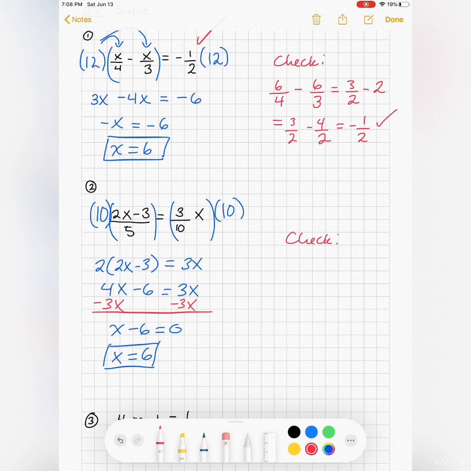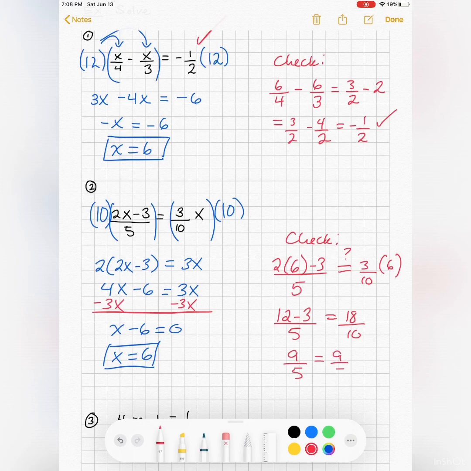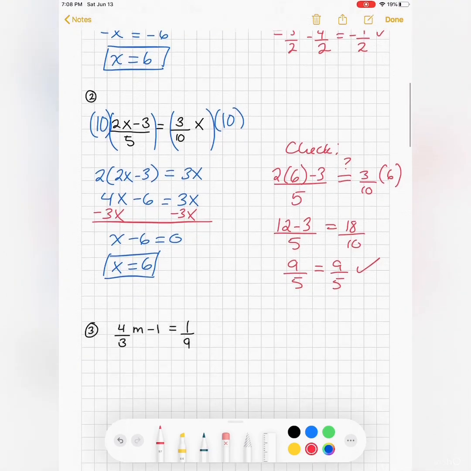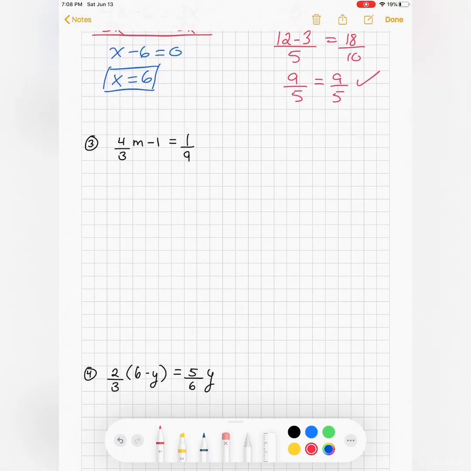And shall we check it? So it checks. Okay.